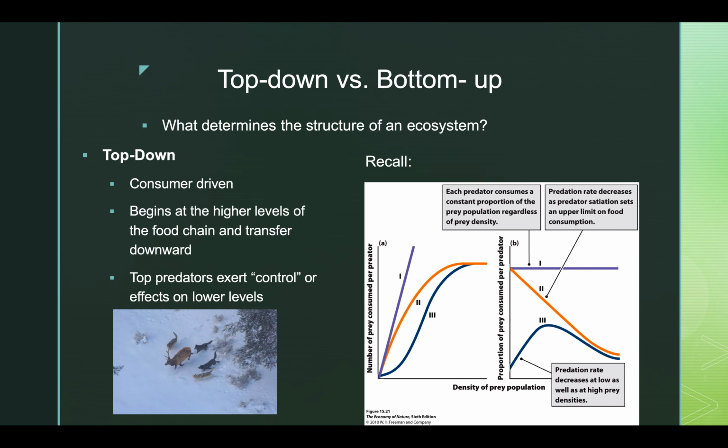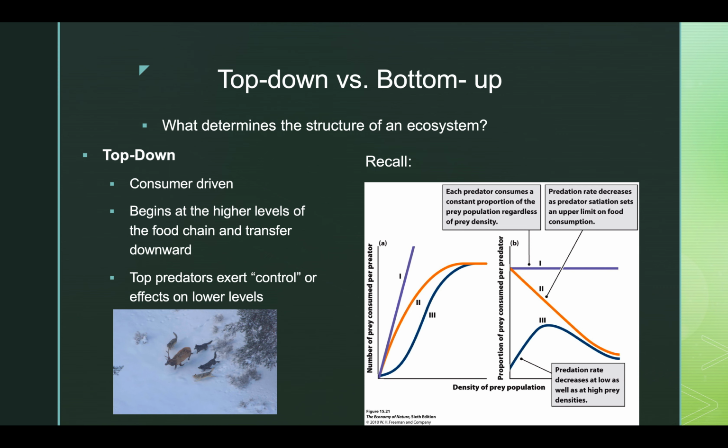Last week, we talked about functional responses when it comes to predator and prey abundance. Remember that there are a couple of different functional responses based on the density of prey populations. As prey populations increase, we can either see the number of prey consumed increase equally, like in type 1.